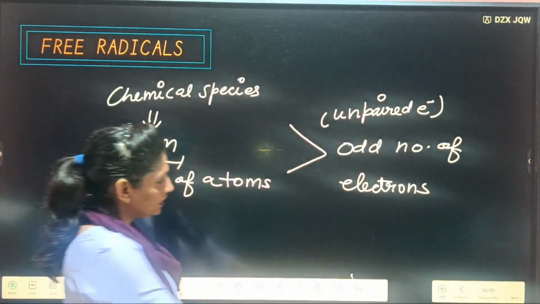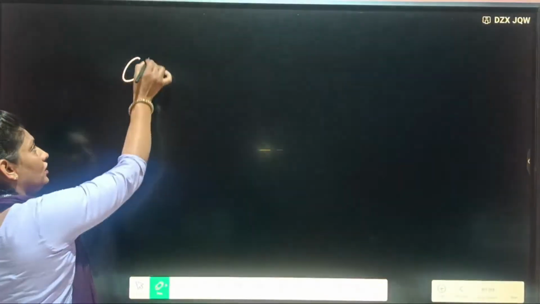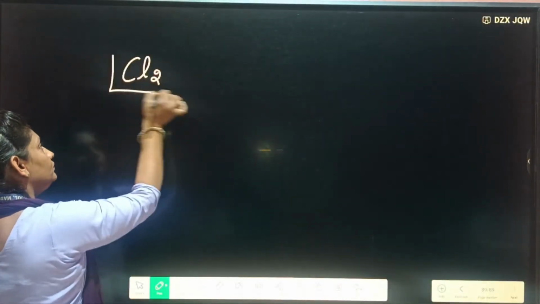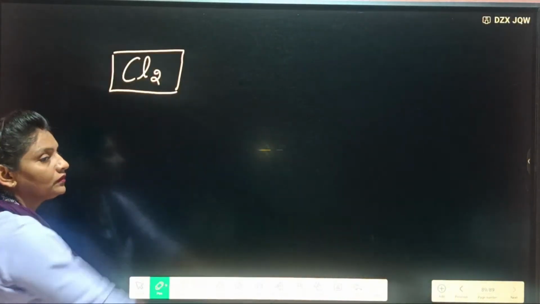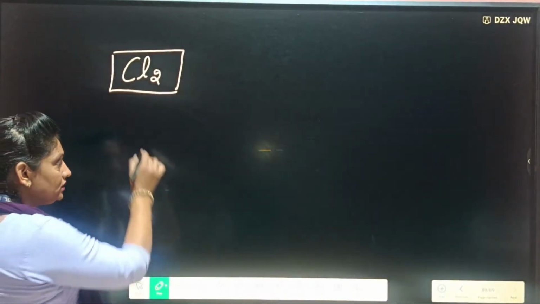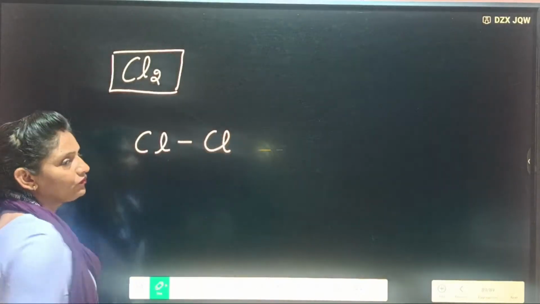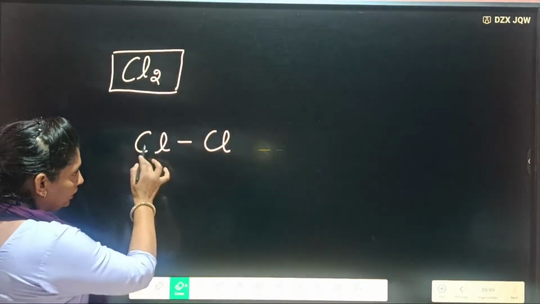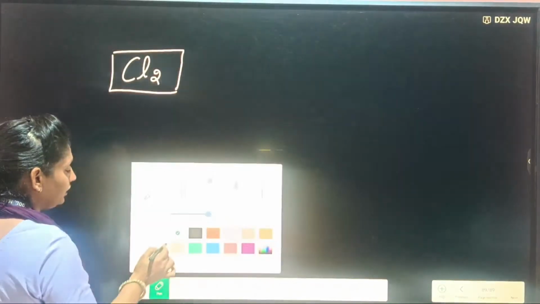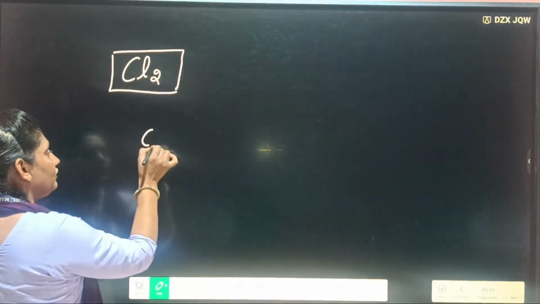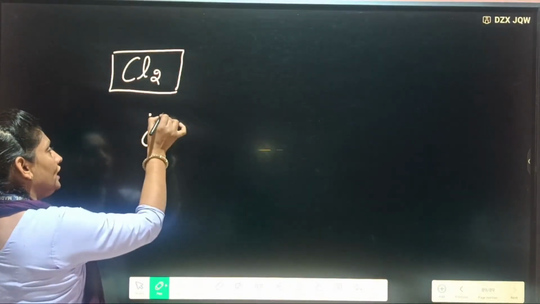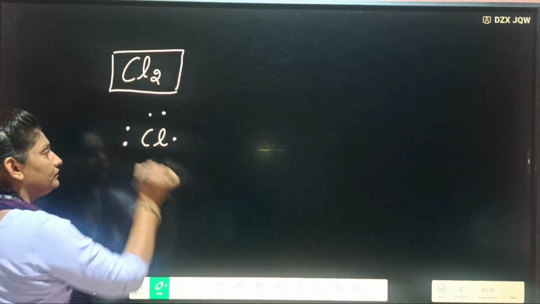Like students, if I have chlorine, Cl2, I can write chlorine in this way. You know very well, in chlorine there are 7 valence electrons, 2, 8, 7 is the configuration.